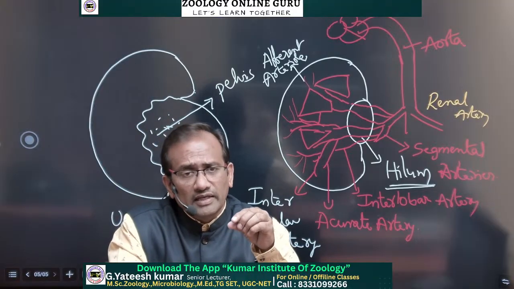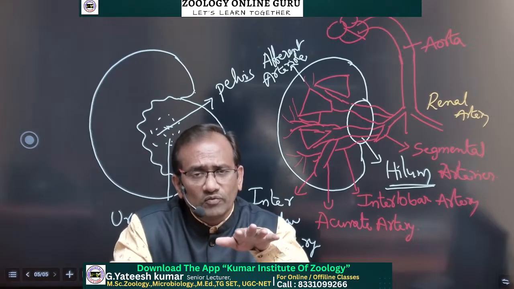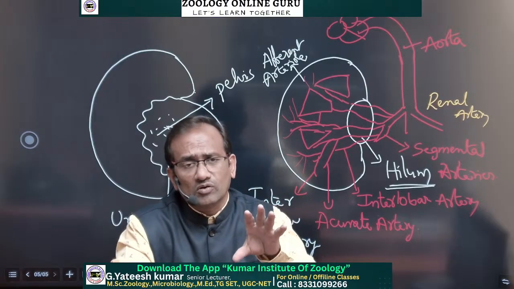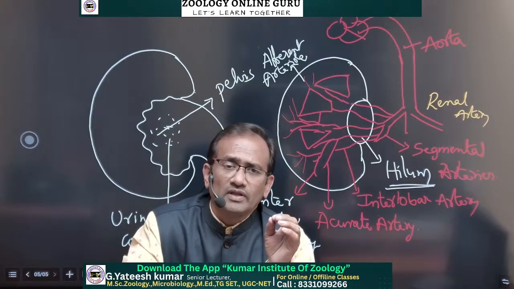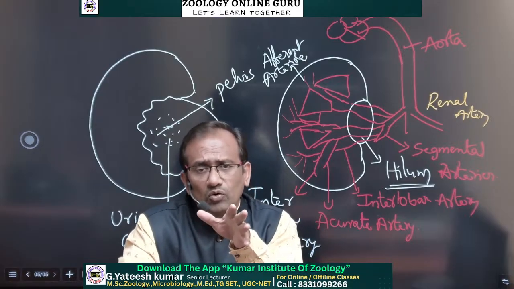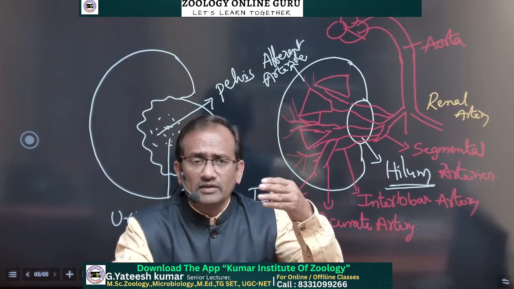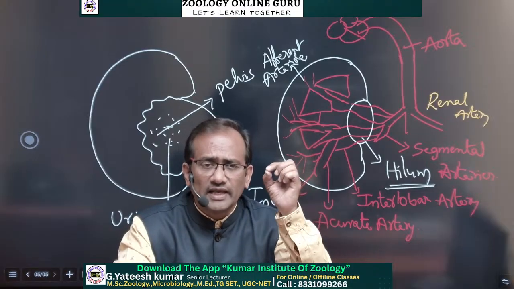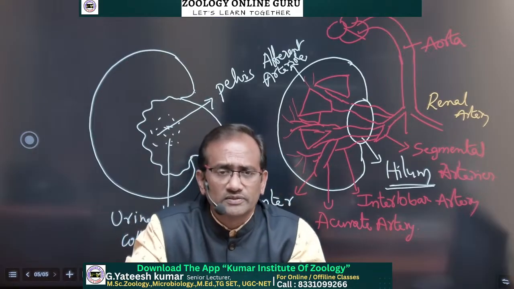The renal artery enters the hilum, and before entering, it divides into branches called segmental arteries. After entering the kidney, they become interlobar arteries, then arcuate arteries, then interlobular arteries, and lastly the smallest hair-like, capillary-like structures called afferent arterioles.